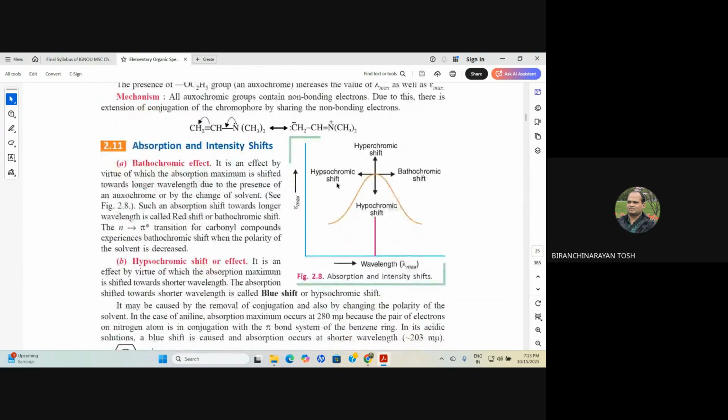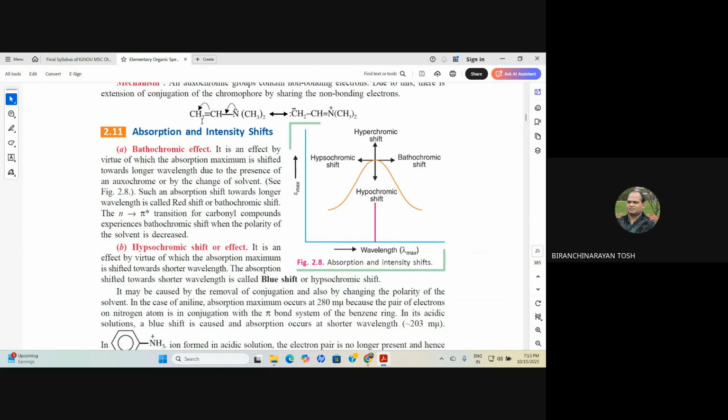So if these things happen, the absorption intensity may shift towards higher wavelength or lower wavelength, or epsilon maximum may change. That means the absorption maximum may increase or decrease.